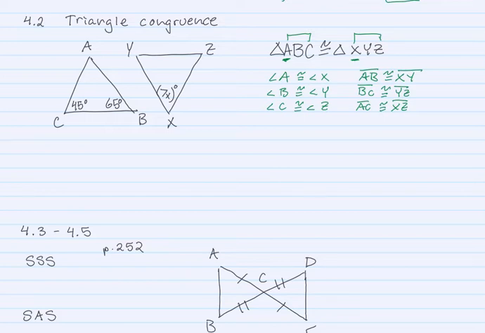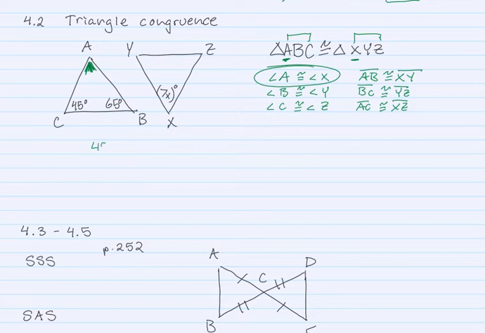Alright, so to actually use this triangle congruence to solve for an x, you could use your knowledge of how many degrees the interior angles of a triangle add up to in order to solve for angle A. Since I know angle A is supposed to be congruent to angle X, I could solve for angle A here.